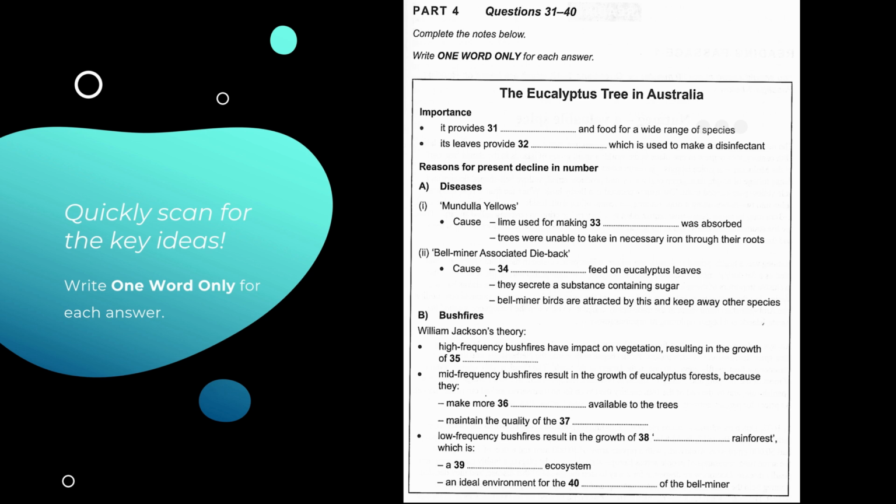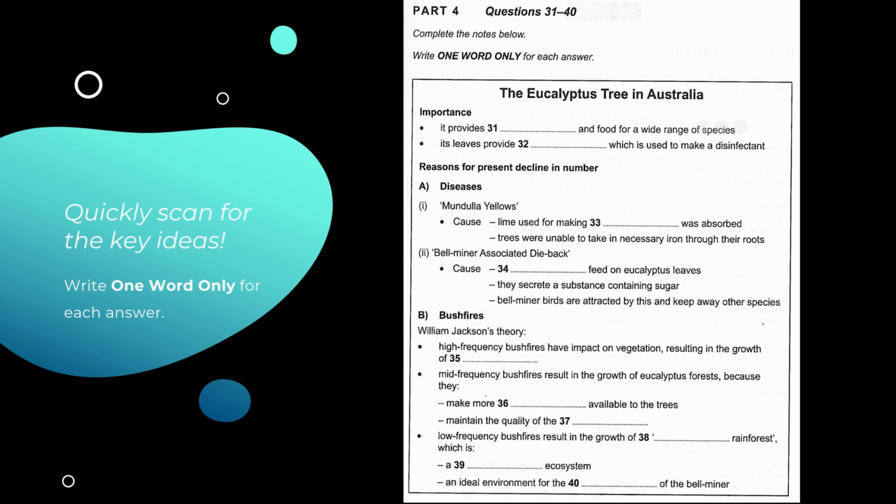The eucalyptus grows all over Australia, and the trees can live for up to 400 years. So it's alarming that all across the country, numbers of eucalyptus are falling because the trees are dying off prematurely.